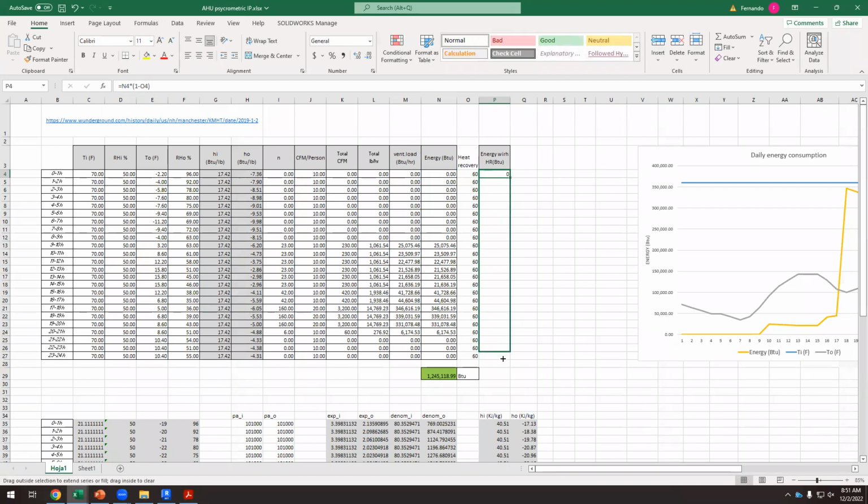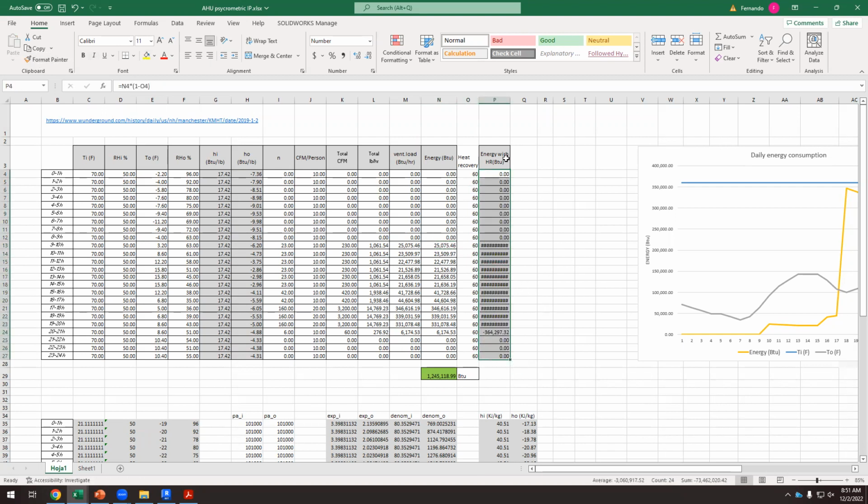So I do this, and there you go. So here we have values of energy. So if my consumption was 25,000, now it's 14,000.